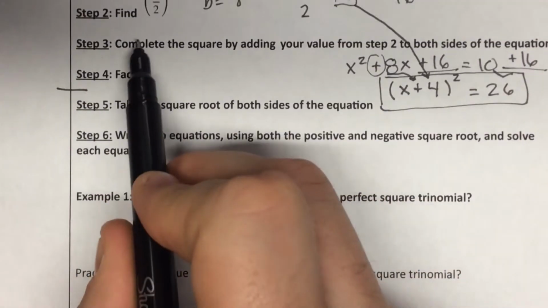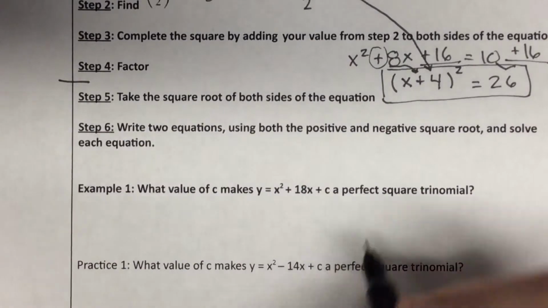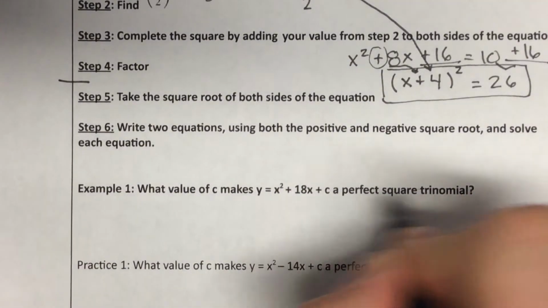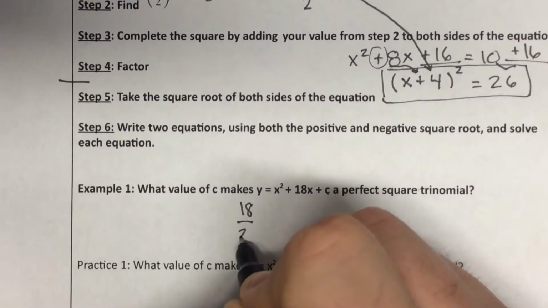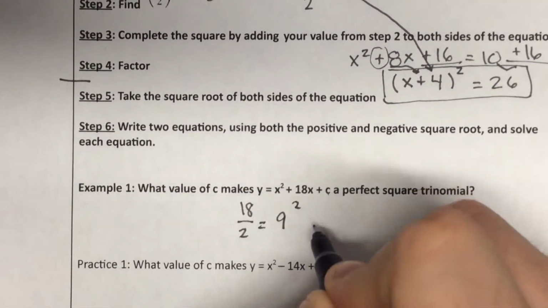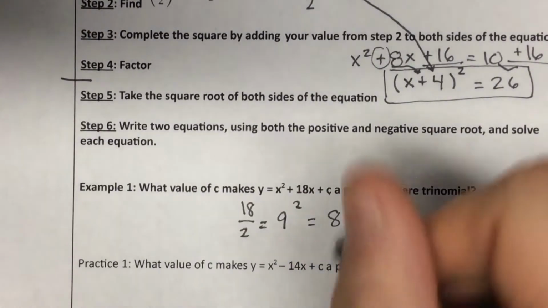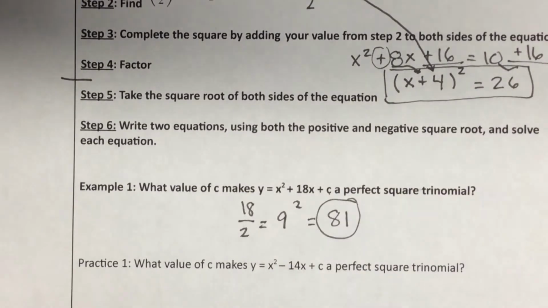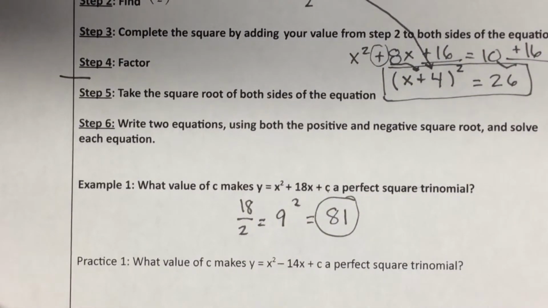So step 2 and 3, and that'll give me my answer. So to make a perfect square trinomial, I would take 18 divided by 2, which is 9, and then 9 squared is 81. So 81 is my answer for c. It would make it a perfect square trinomial.